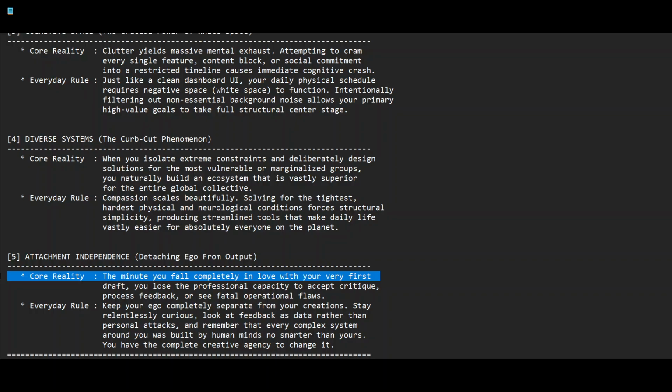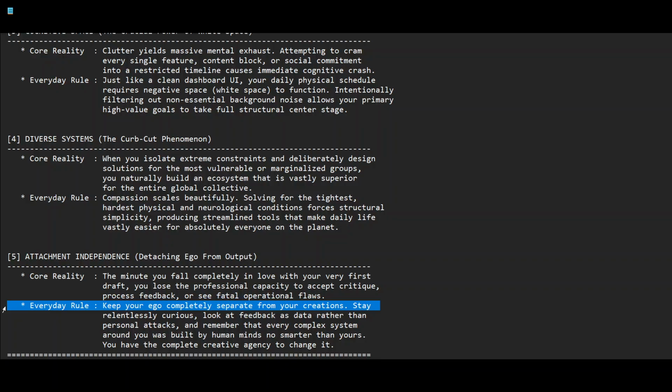Don't get attached to your very first draft or your very first iteration. What is the rule? Keep your ego completely separate from your creations. Stay relentlessly curious.